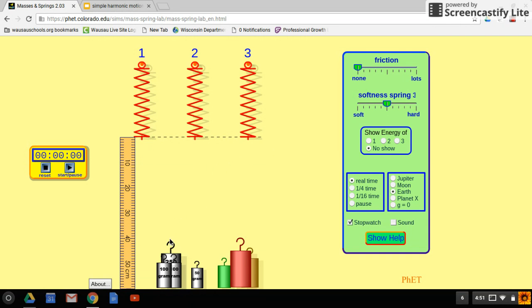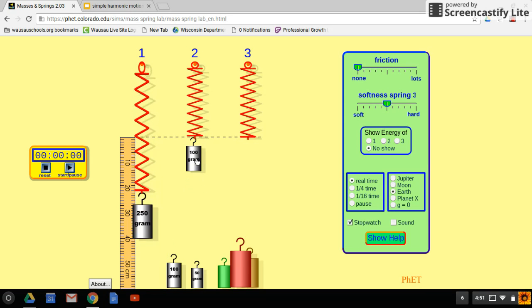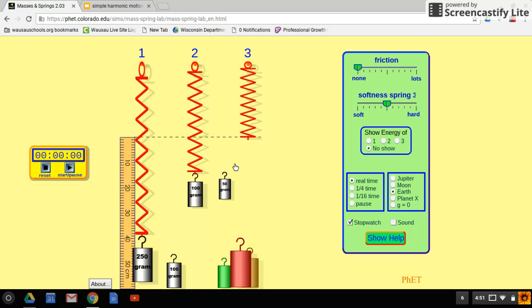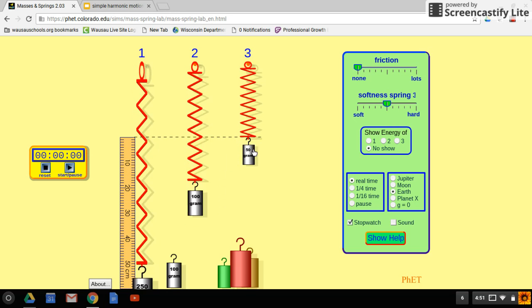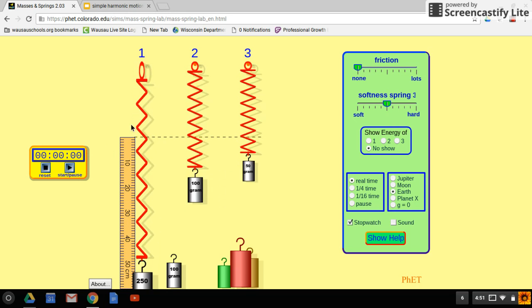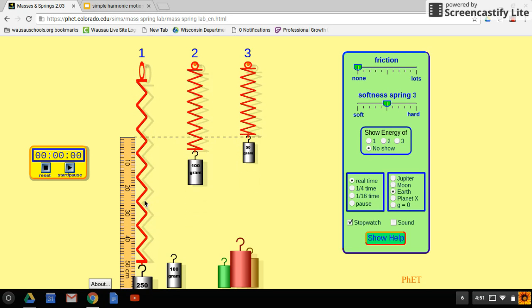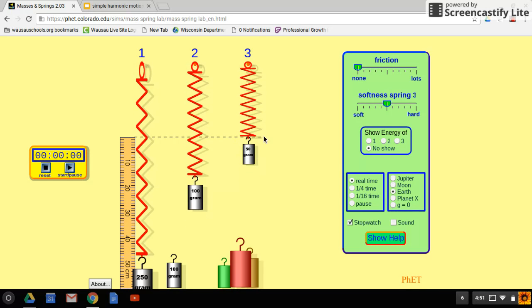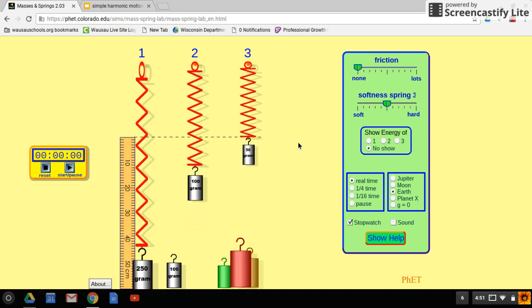So what we'll do is I'll put this on here, and I'll put the 100 gram on the next one, and then I'll put the 50 gram on the next one. So you notice one thing for sure. This one has a much, much bigger amplitude. But which one's vibrating the fastest?